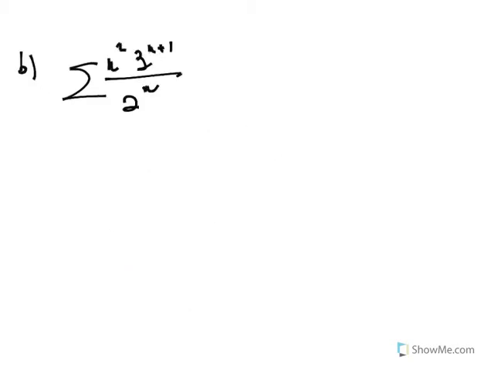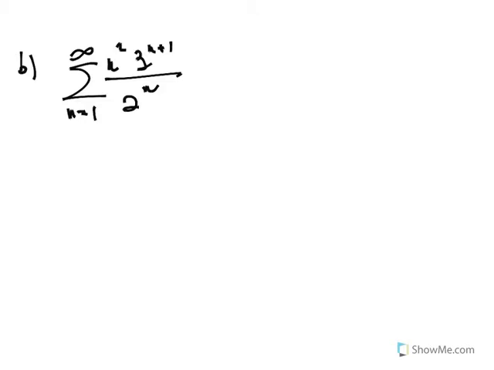Next example, B. And again, I noticed I have 2 to the power of n, and whenever I see that, or n factorial, usually the ratio test comes to my mind, unless it's a simple geometric series. Well, in this case, well, you know what, in any case, when they give you a series and they want you to determine if it's convergent or divergent, you always apply the nth term test, no matter what.